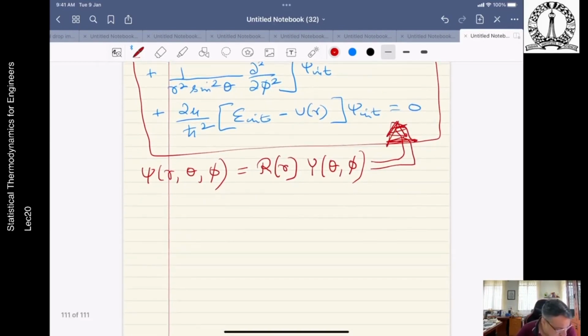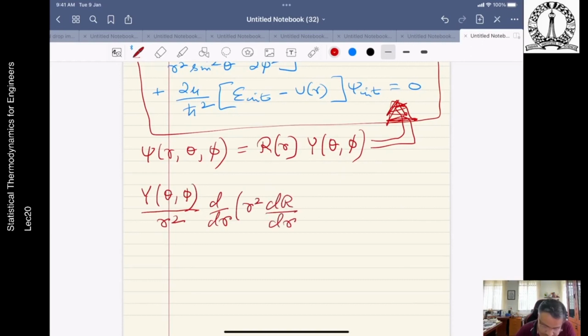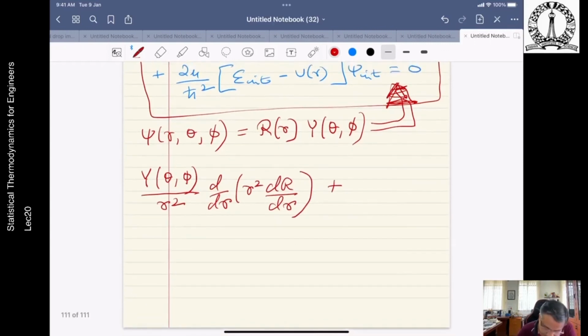substitute it here, given as Y(theta, phi) times r squared d by dr, first term, okay, plus, this is again a long equation, so bear with me.